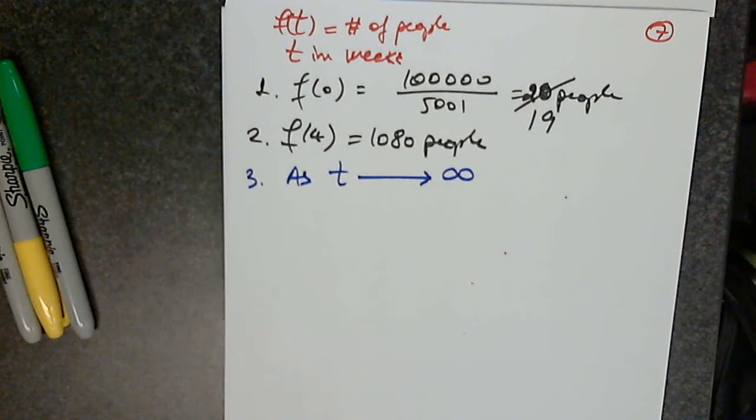Here's one way. Let's go back to y equals, and put in the function, which has 100,000 divided by 1 plus 5,000 times e to the -x, and close the parentheses.